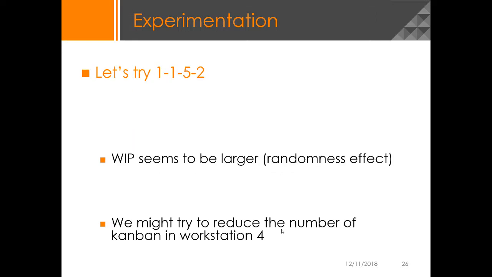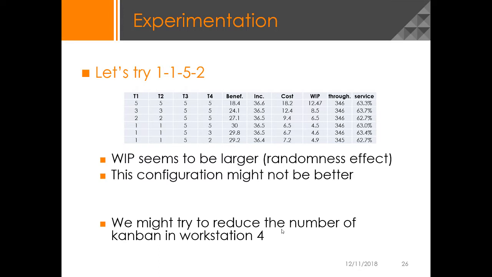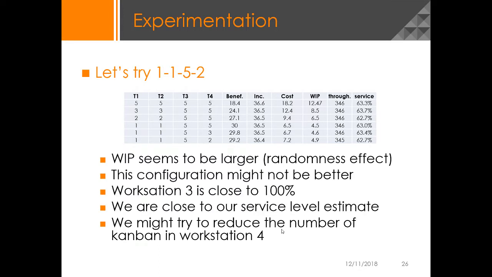So we may try to run this configuration, and if we do that, we get a new line, and in this case we have a slightly lower value of the benefit. Again, we have a larger value of the working process, again due to the randomness effect as it happened before. Again, we need to run a large number of replications, but with this first analysis we don't know for sure if there's a great difference, so we might explore this possibility.